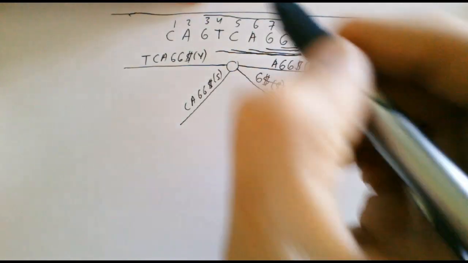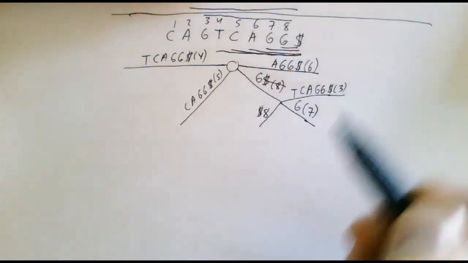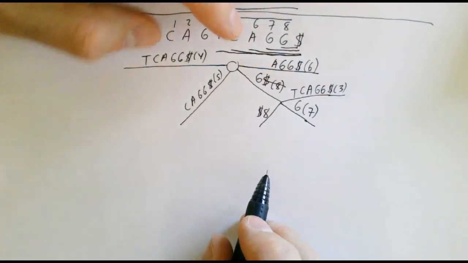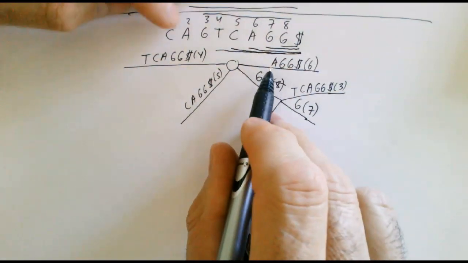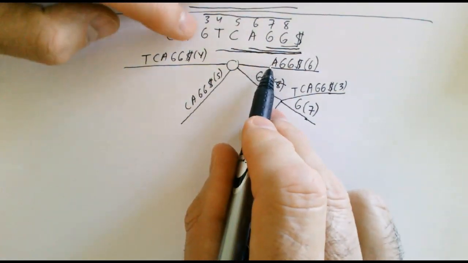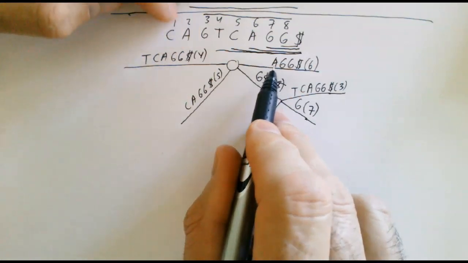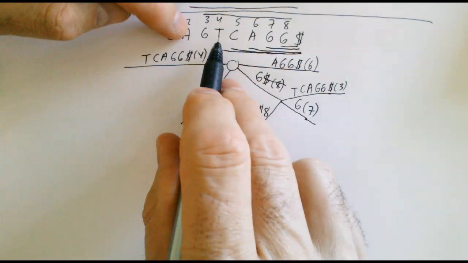So we did those. Now let's do the A. Do we have an A? We do. Do we have an A and a G? Yes, we do. Do we have an AGG? We don't. We have an AGT.